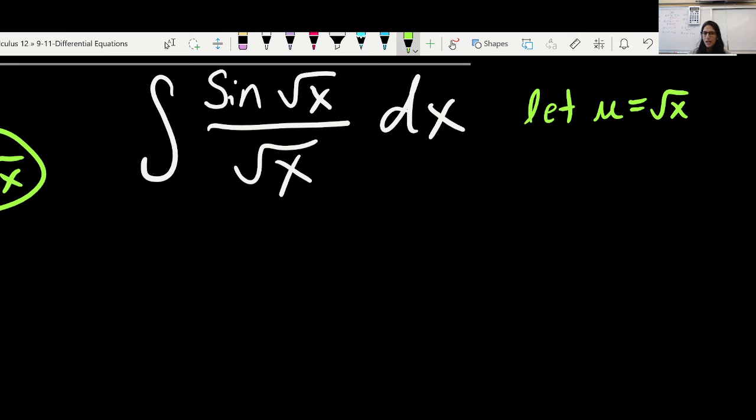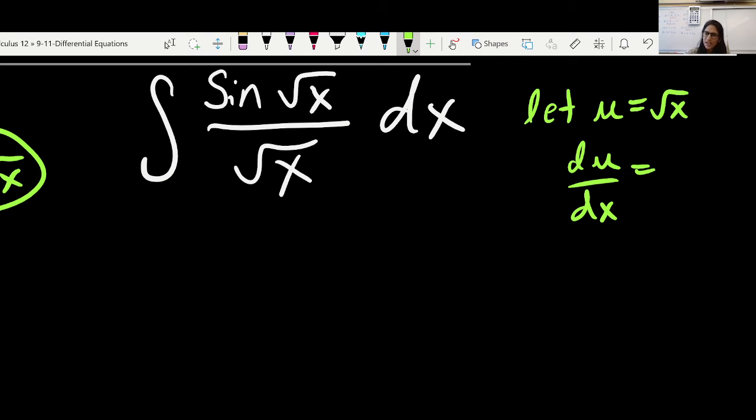Okay, I could do the integral of sine u over u dx, but I want to take the derivative of this and keep that in mind while making my decision on what to do with the stuff on the left. So let's do du dx. So we're taking the derivative of this with respect to x.